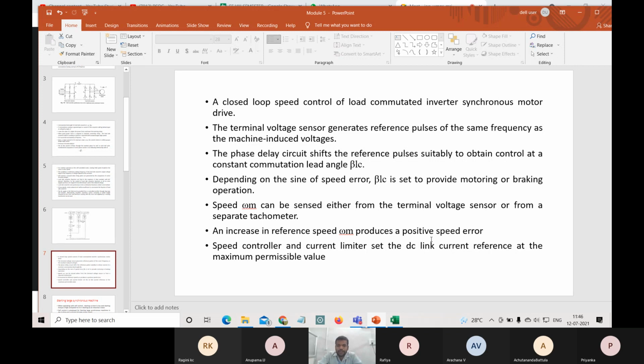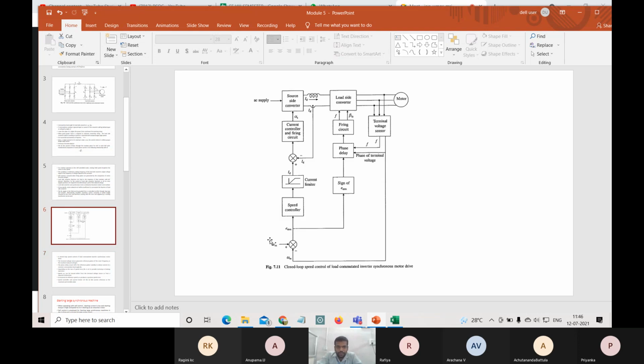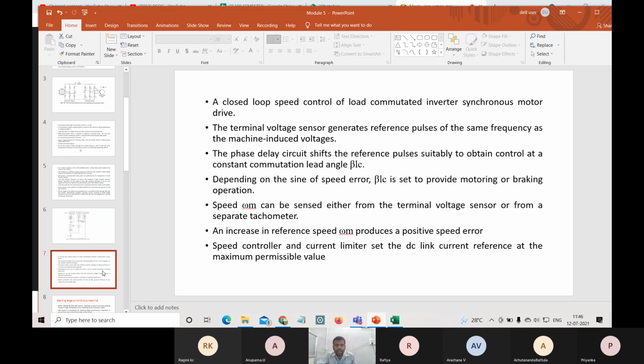So a speed controller and a current limiter set the DC link current. Here we have the speed controller and current limiter, which produce the values that set our DC link current references, for the maximum permissible values.